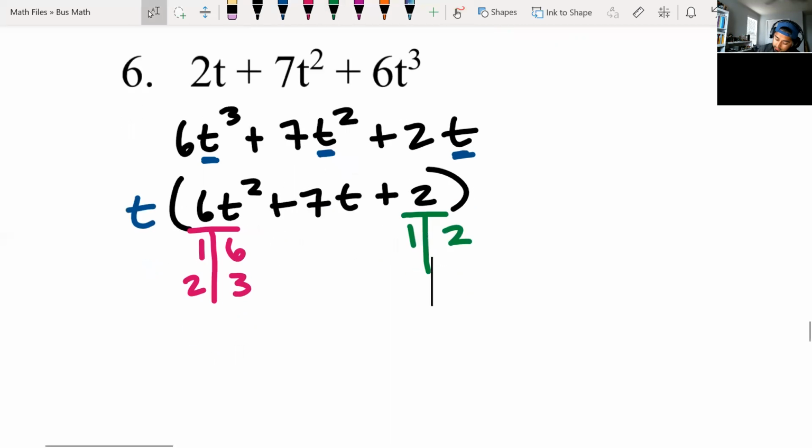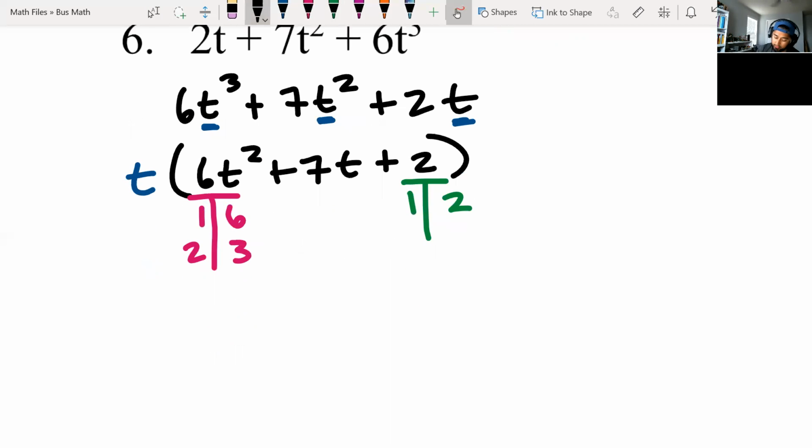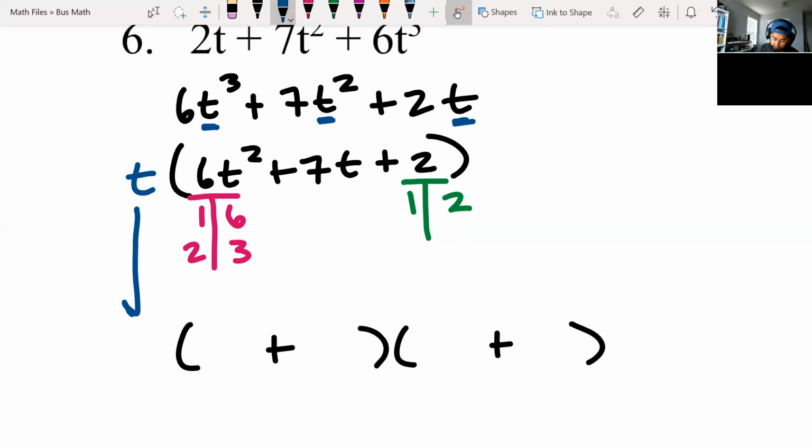I like those ones because that means you're going to have parentheses plus a number, parentheses plus a number. But don't forget about who? T. T tags along the whole way. Okay, so now we actually have more choices for the first factor. Would you like to go 1 and 6, or 2 and 3?